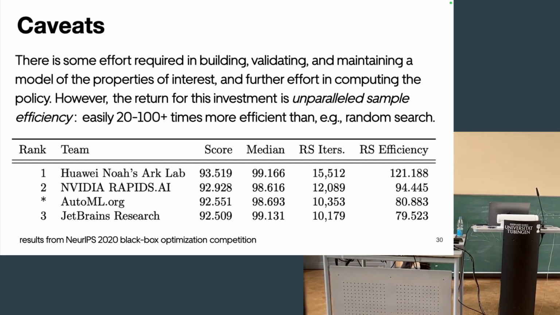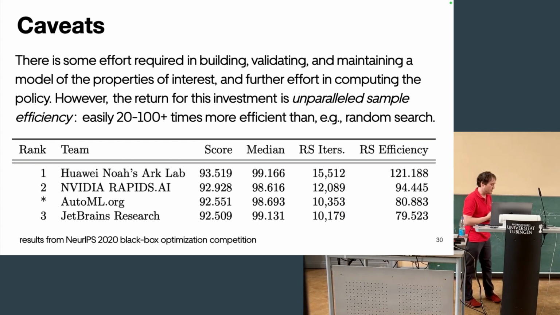And there was this high-profile paper that was trying to make claims that Bayesian methods were no better than simply running a bunch of random searches in parallel. But it turned out here, one of the ways they measured performance was via this column on the right, the random search efficiency, which computes the number of random searches you would need to be running in parallel, with the same budget as the algorithm used, in order to achieve the same performance in expectation.